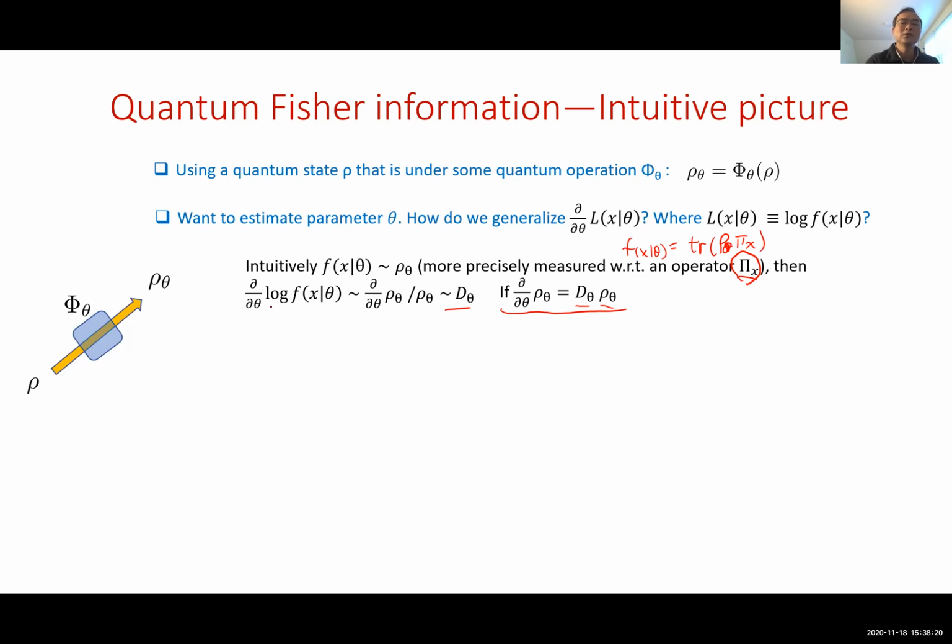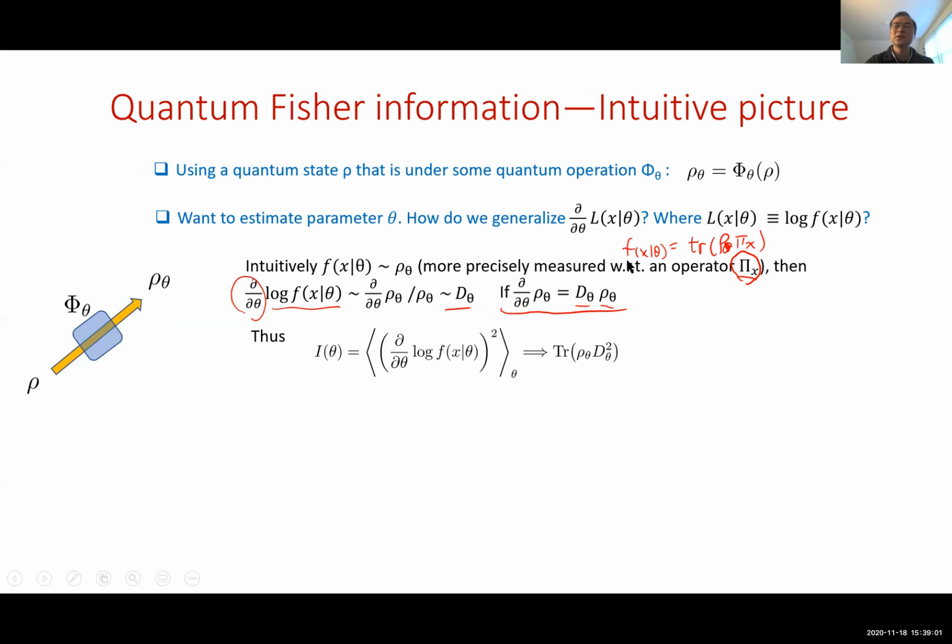So the derivative of log f with respect to theta gives me d theta. Therefore the Fisher information, which was defined as the expectation value of this quantity, we can generalize, because the expectation would be with respect to the density matrix. This is roughly our d theta squared. So we would expect our Fisher information to be of this form.